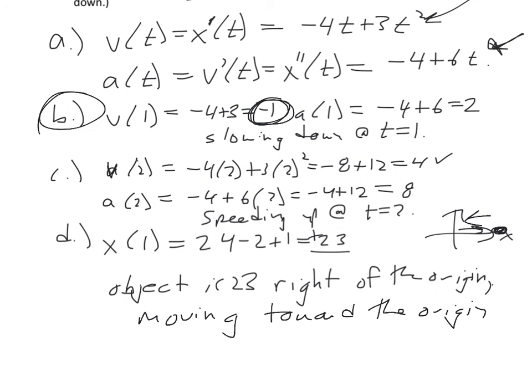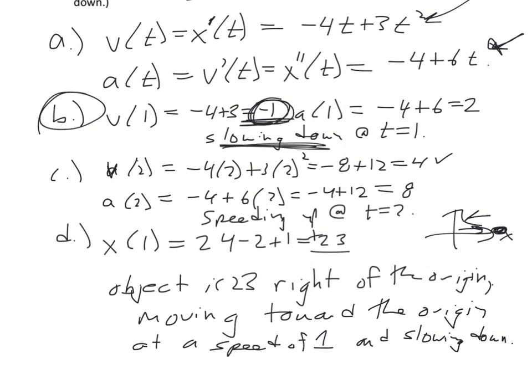We could even say toward the origin at a speed of 1. Moving at a speed of 1, because the velocity is negative 1, so the speed is 1, and slowing down. Right, and it's slowing down because we had found up here that the velocity and acceleration are at odds with one another.